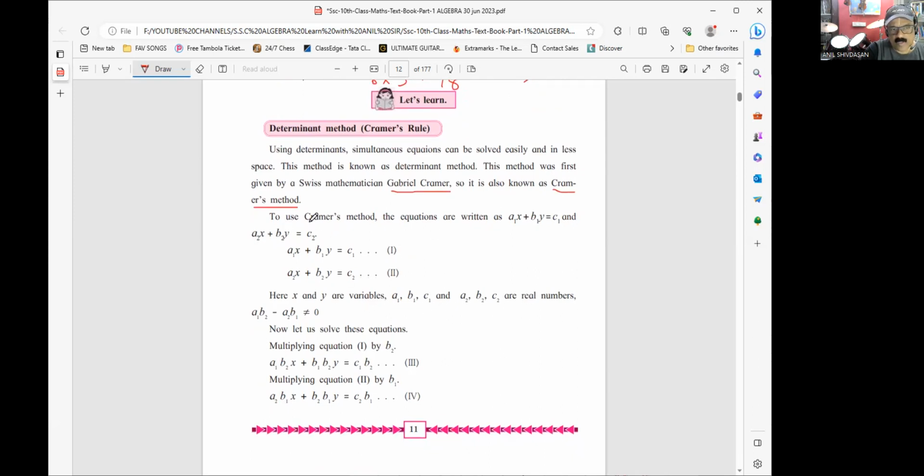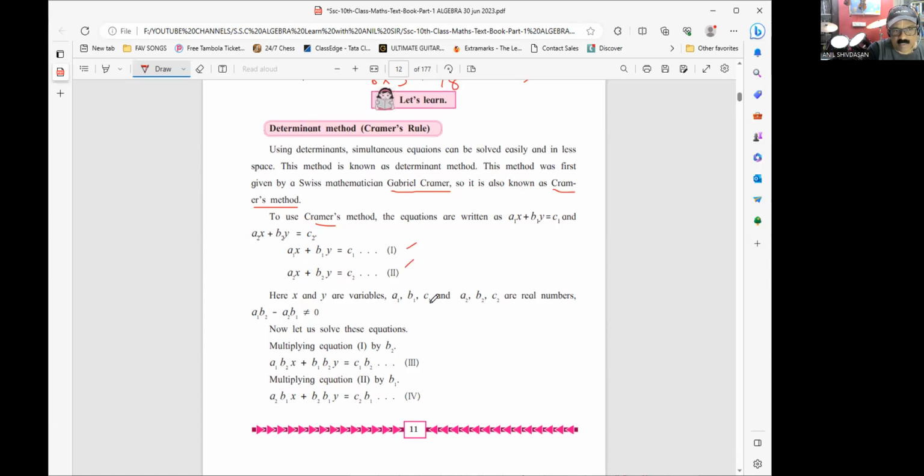Now, to use Cramer's method, the equations are written in this form: a1x plus b1y equal to c1 and a2x plus b2y equal to c2. This is equation number 1, this is equation number 2.